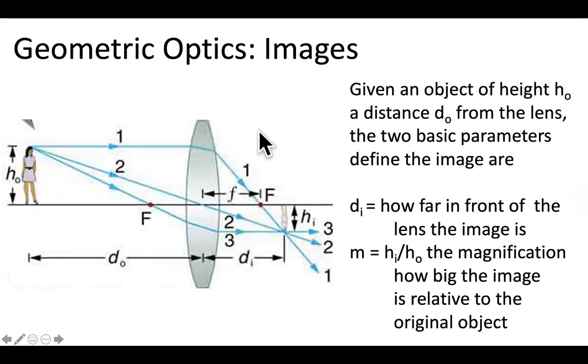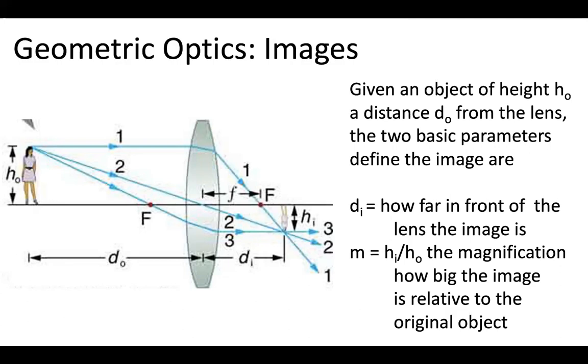What's relevant for what we see or what we detect is the size of the image, which is HI, the height of the image, and where that image occurs, DI. The DI is very critical because this is where we would need to put our detector element or need to consider when we're considering other optical elements. So we want to know how far in front of the lens the image is.